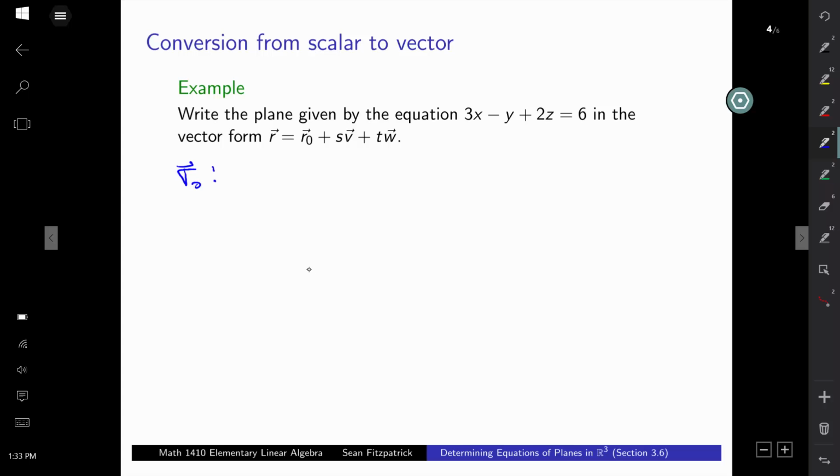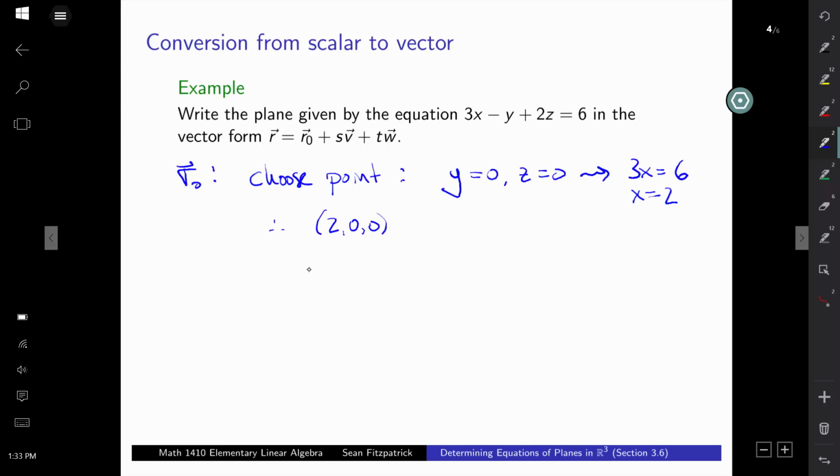One of the ways that you can choose a point, and any point will do, is that if you put y equals 0 and z equals 0, what does that leave you with? That leaves you with 3x equals 6, so x is equal to 2. So that means that you can take the point 2, 0, 0, and that's on the plane.